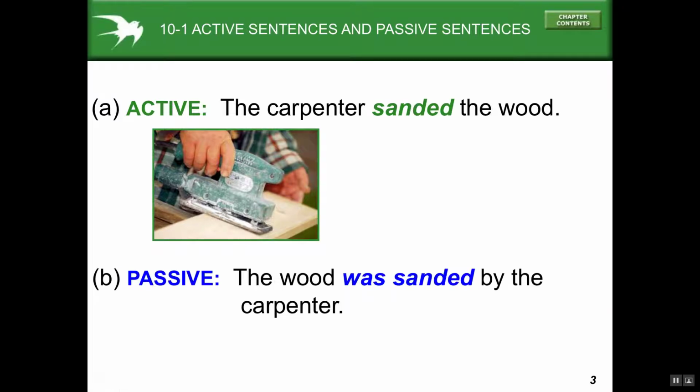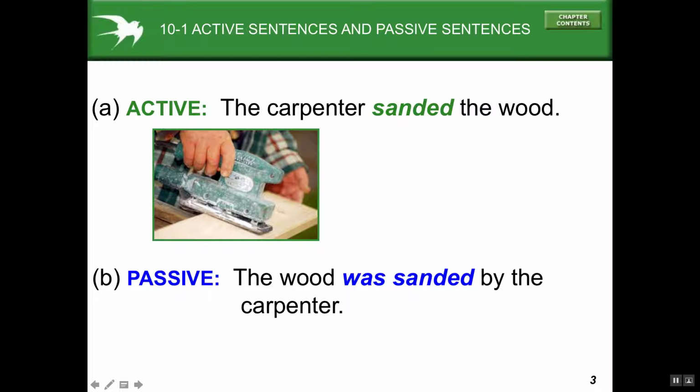Now, in the passive, things change a little bit, and the object becomes the subject, or lives in the subject slot of the sentence. So you get the sentence that we just saw. The wood was sanded by the carpenter.